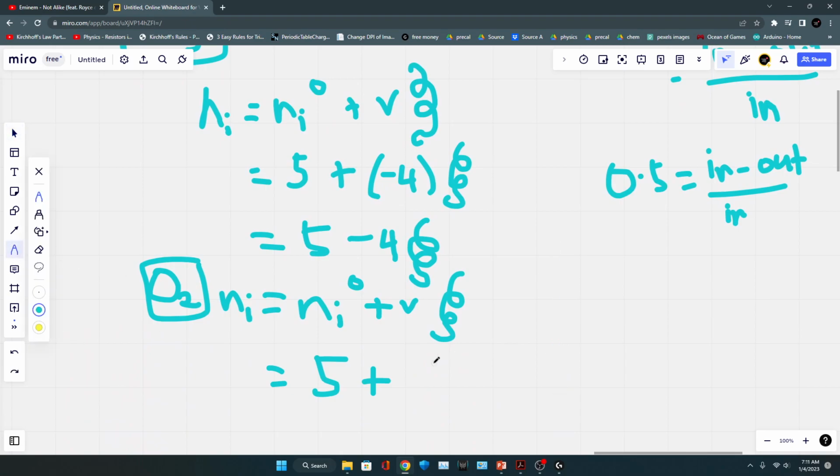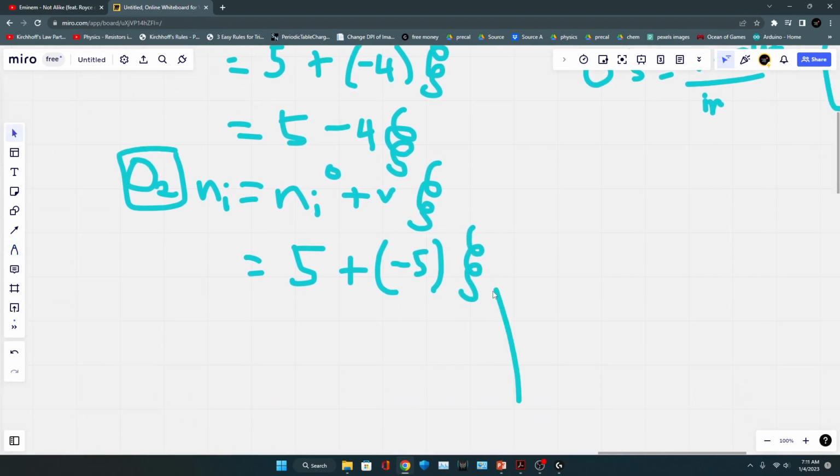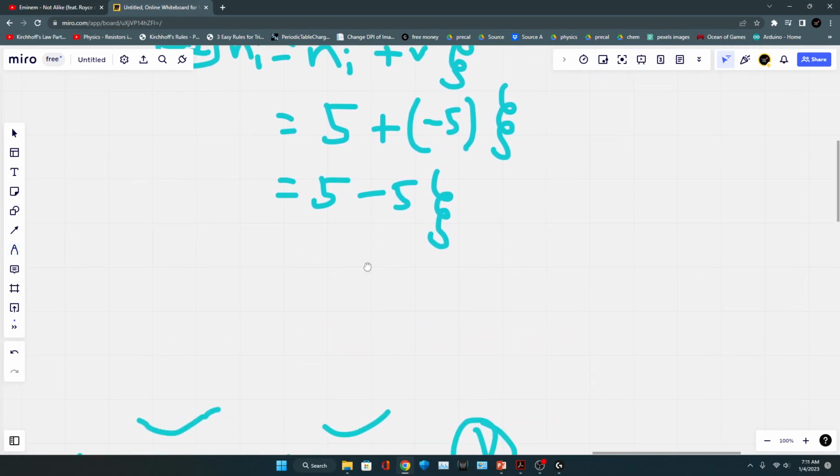However, since it is a reactant, we have to negate it, so it becomes -5. You can simplify the equation to become like this. This is the second equation.